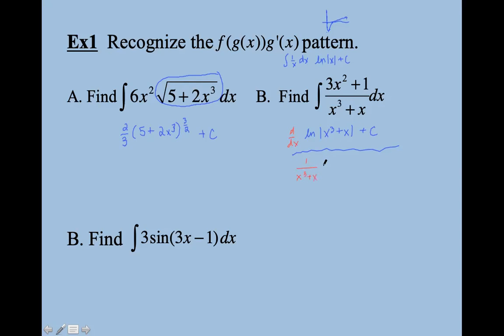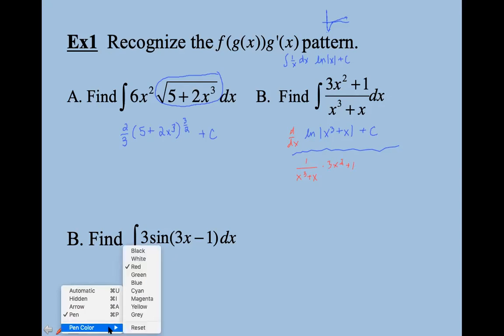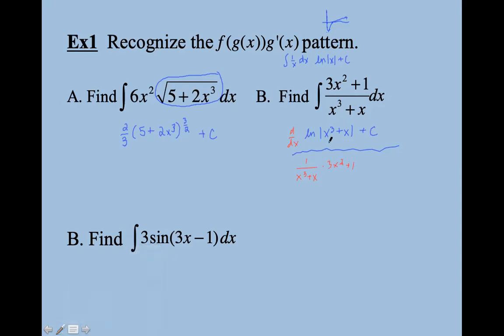Derivative of x cubed plus x would be 3x squared plus 1. So I would end up with 3x squared plus 1 over x cubed plus x, and that's what I started with. So this answer that I got here is, in fact, the antiderivative. That's my solution to B.